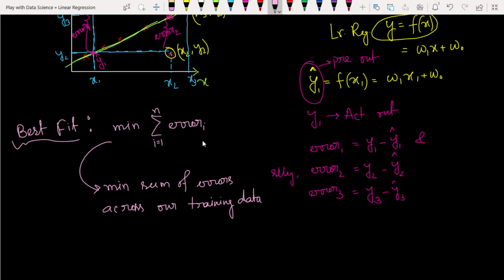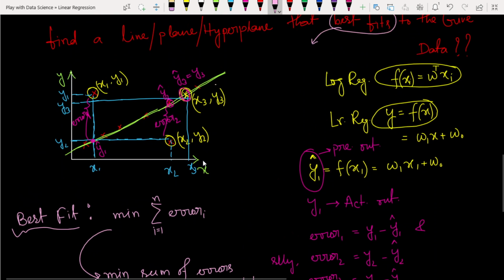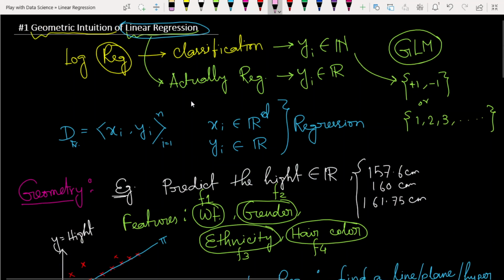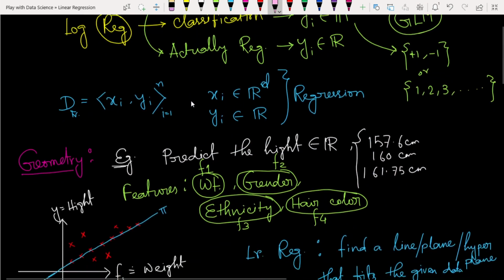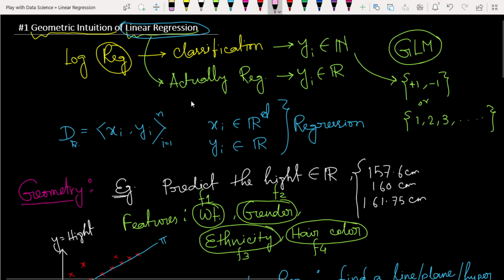Now I think you are all clear about what error is and what the best fit is. All the geometrical intuitions are clear. Just revisit this concept: in regression we have to fit the best-fit plane or hyperplane to the given data that will minimize the error.